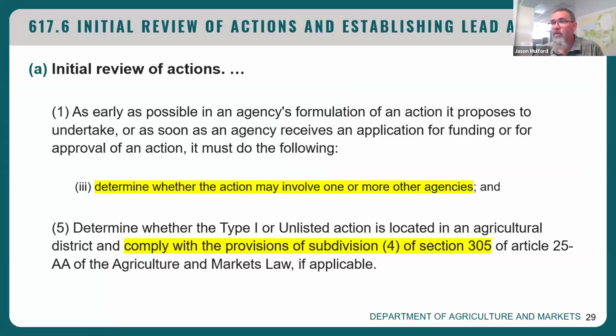In the initial process where you're defining what the project is and determining, is it a Type 1, Type 2, Type 3, or Unlisted action, there is a provision to identify if the project's located in an ag district, and that's typically in your EAF anyways, but also if it's going to comply with subdivision 4 of section 305 of Ag and Markets Law.